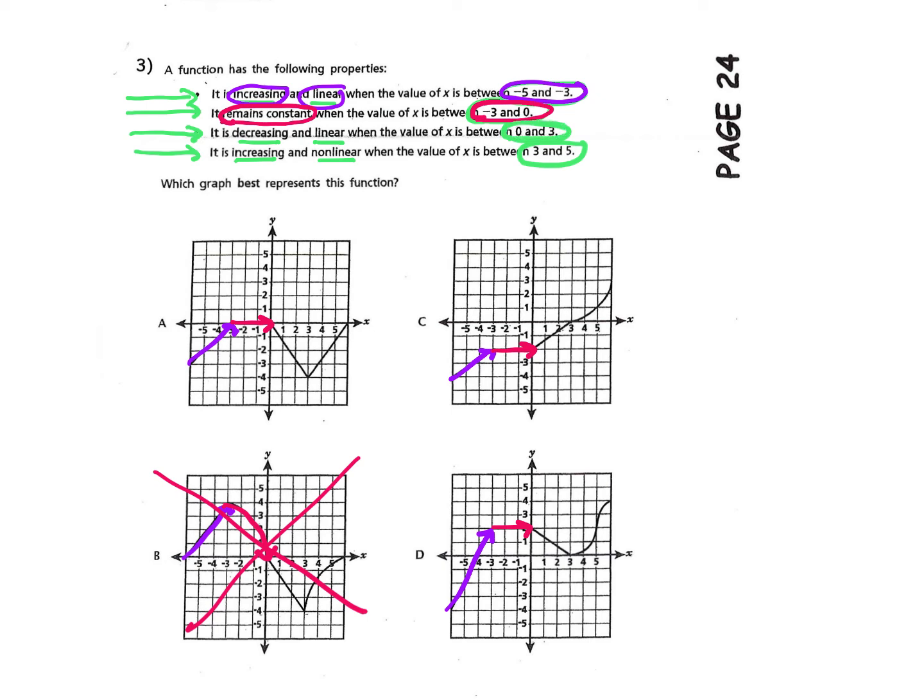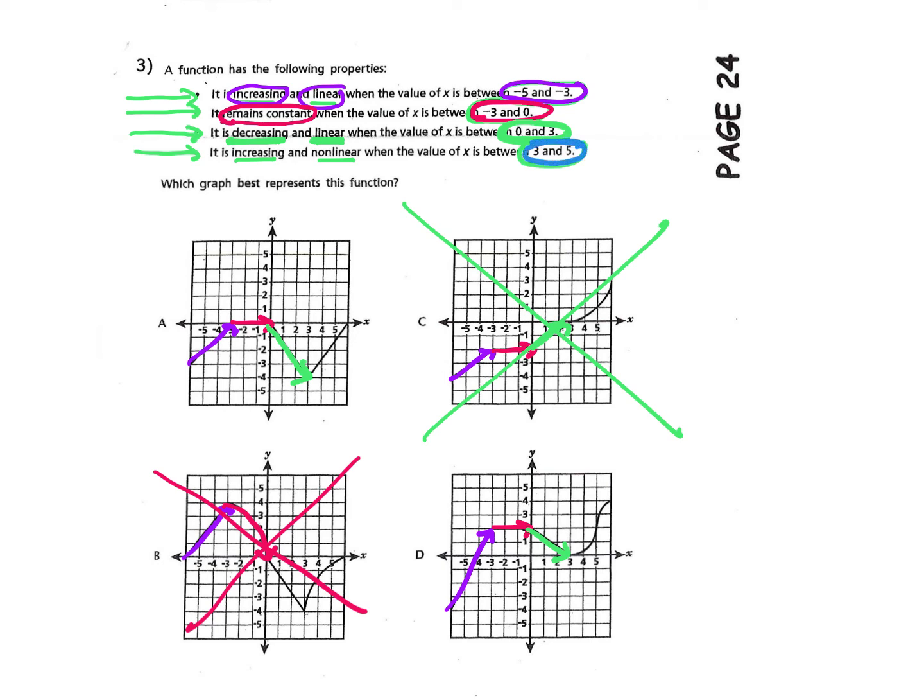From 0 to 3, it has to be decreasing and linear, a straight line. Well, this decreases and this decreases. However, letter C increases, so it cannot be letter C. And finally, the last condition.